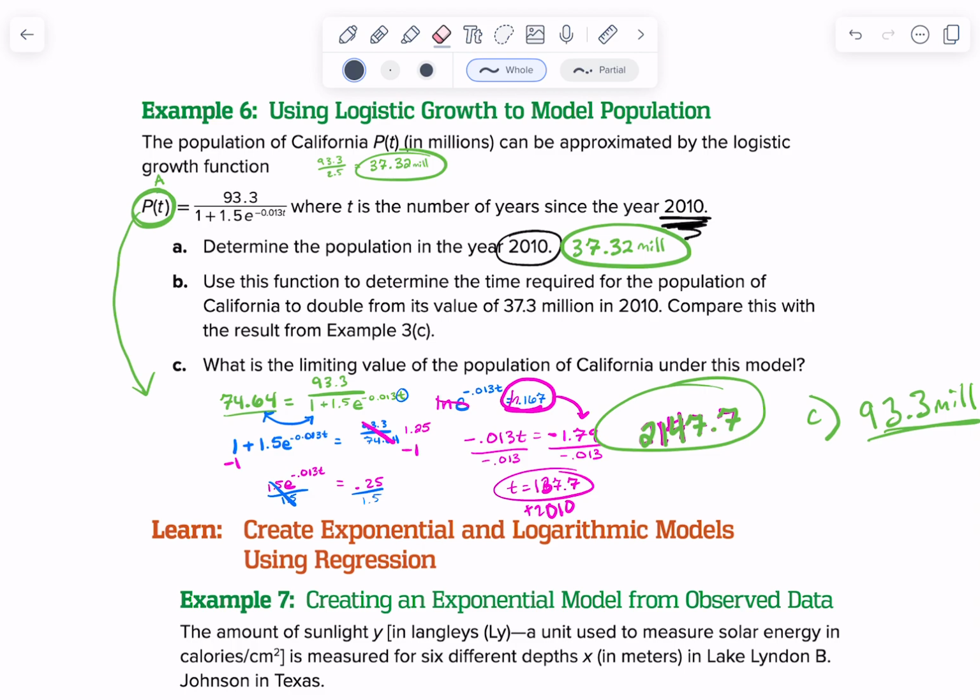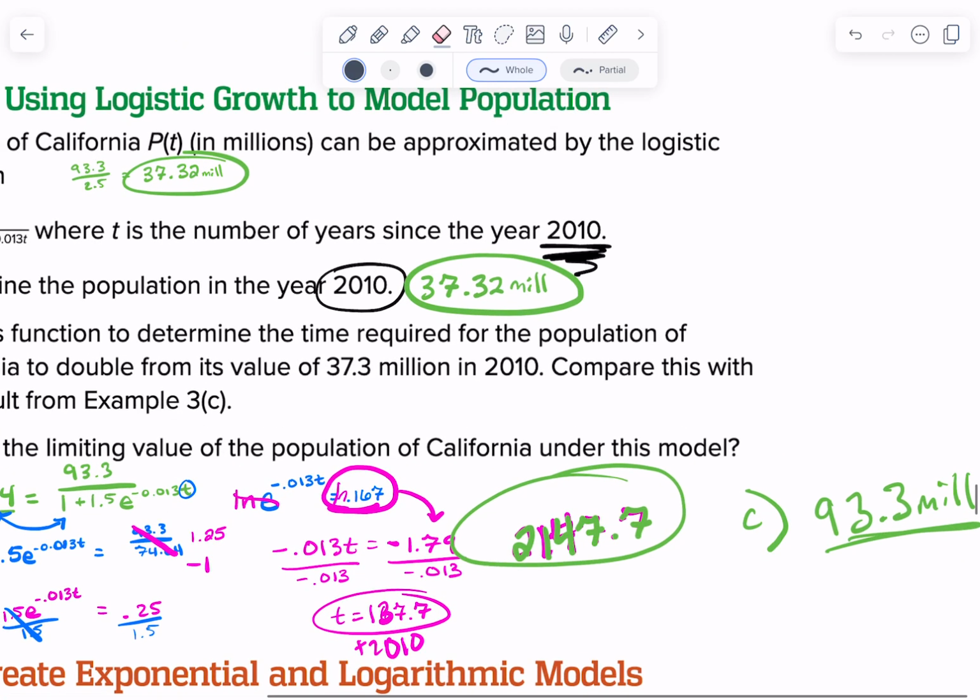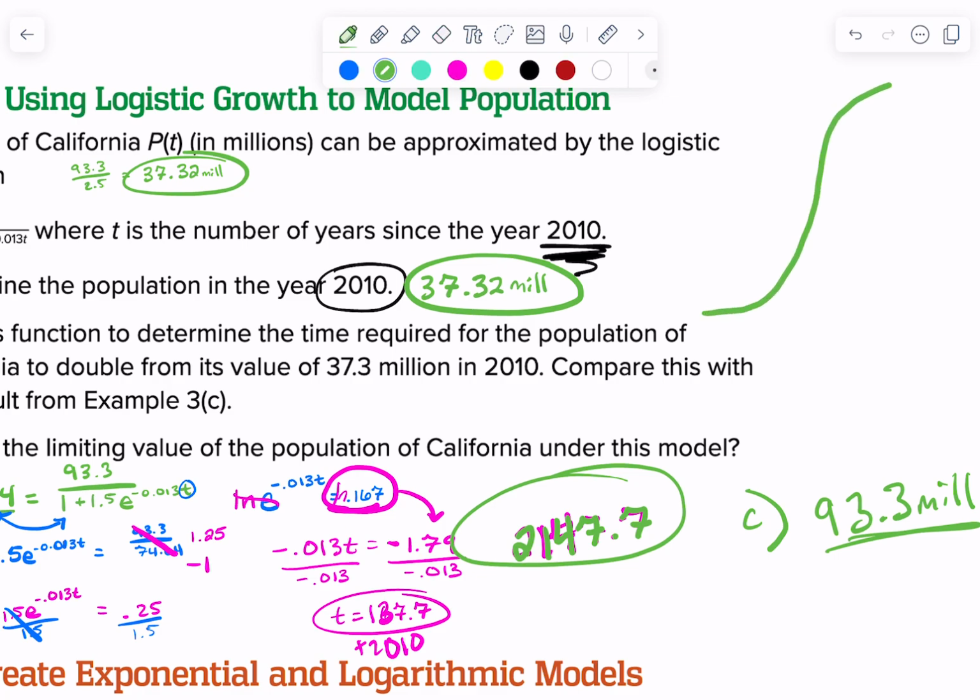Okay? So, when you guys were asking me at what point will you reach that upper cap? You won't. Because your exponential function is going to do this and then it's going to level off. So this upper limit is 93.3 million. You could be in the year 2500. You could be in the year 3000 and you will not have reached 93.3 million because we cannot accommodate that many people.